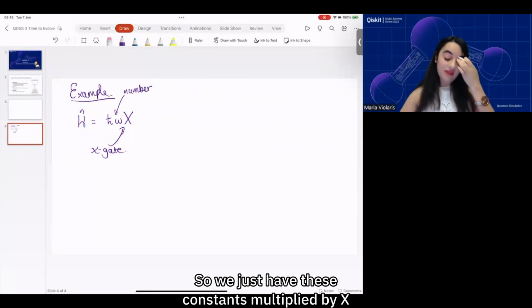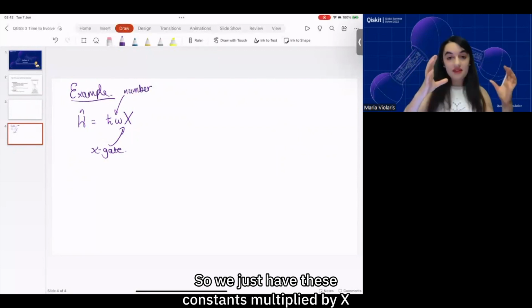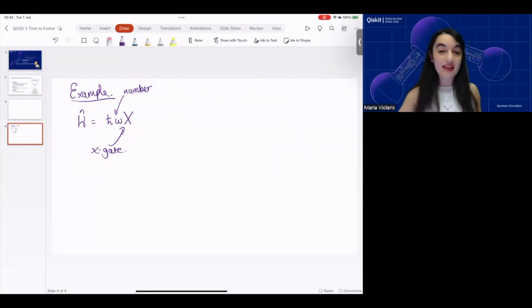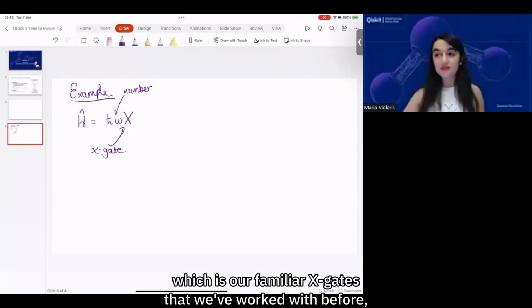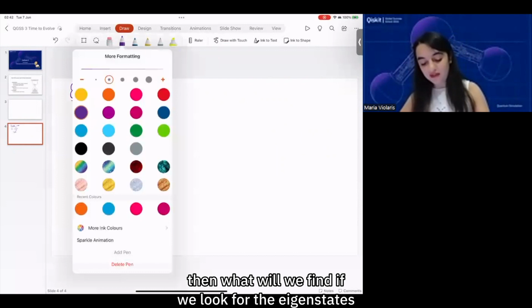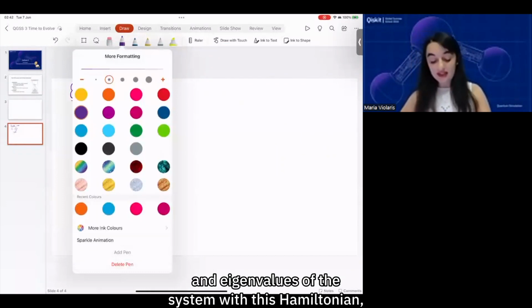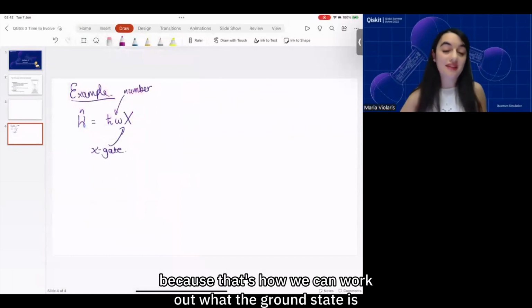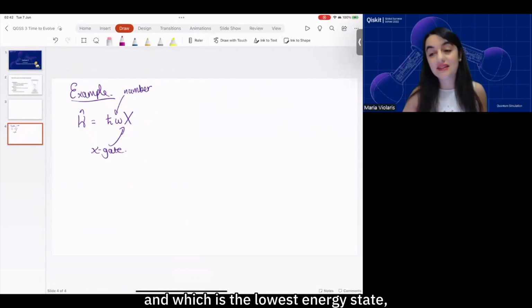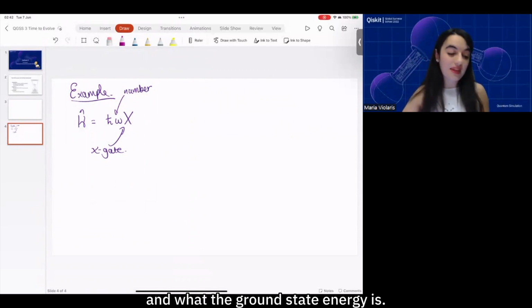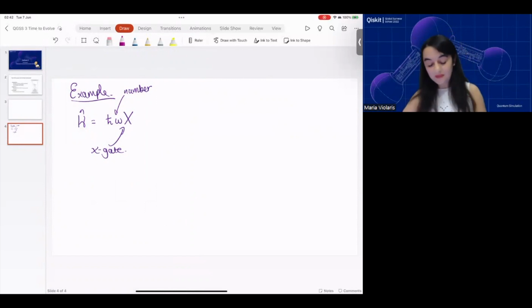So we just have these constants multiplied by x, which is our familiar x gate that we've worked with before. Then what will we find if we look for the eigenstates and eigenvalues of a system with this Hamiltonian? Because that's how we can work out what the ground state is, which is the lowest energy state, and what the ground state energy is.